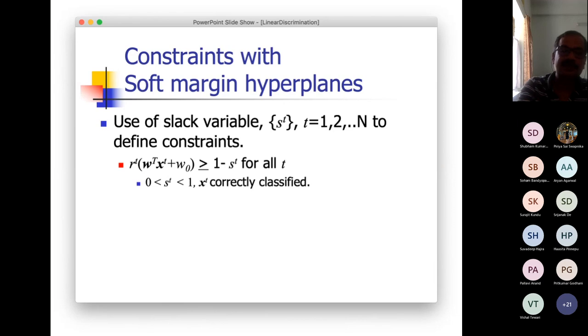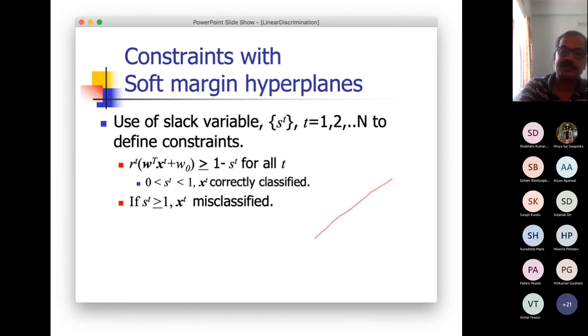And there are ranges. If s_t is between 0 and 1, we know that x_t is correctly classified, because, as I was mentioning, there is already a tolerance. This is your test hyperplane, and these are the margin hyperplanes which you are considering while putting constraints.